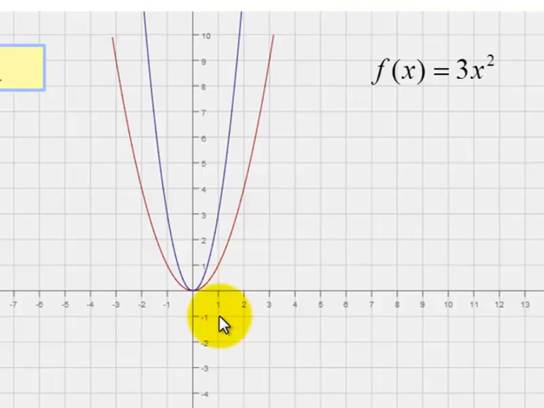For example, when x is 1, I take 1 squared, 1 times 1, which is 1, times 3, so 1, 3 is on this graph. When x is 2, f of x will be equal to 12, and so on and so forth.